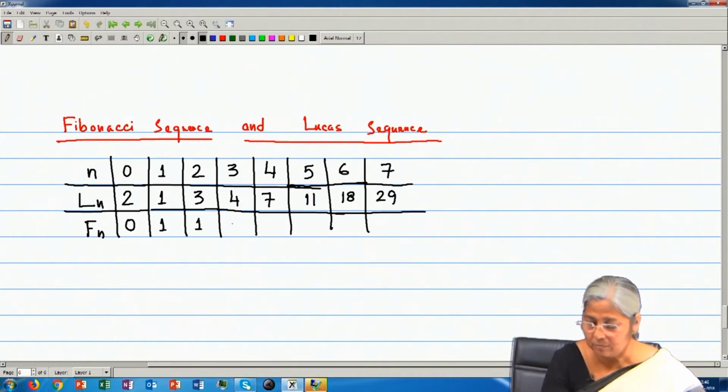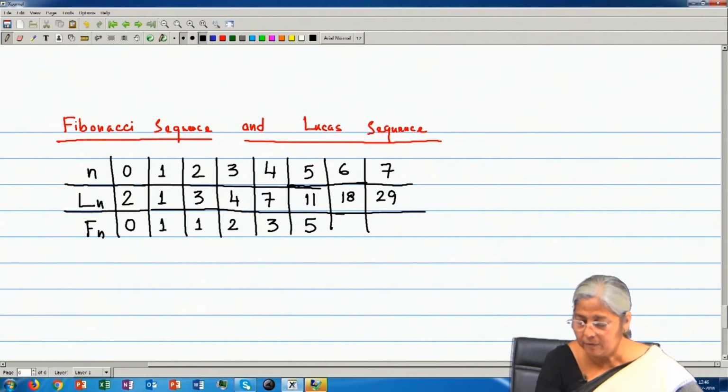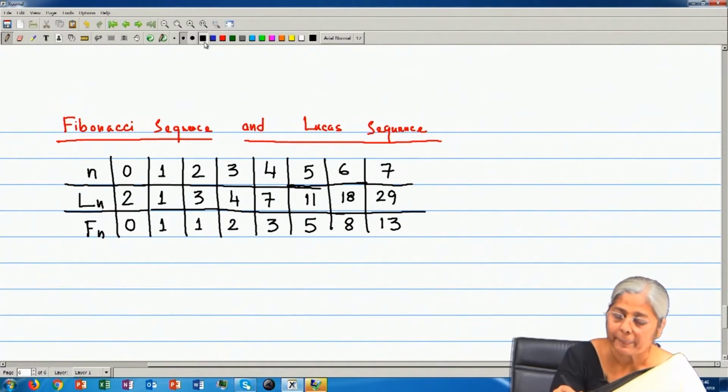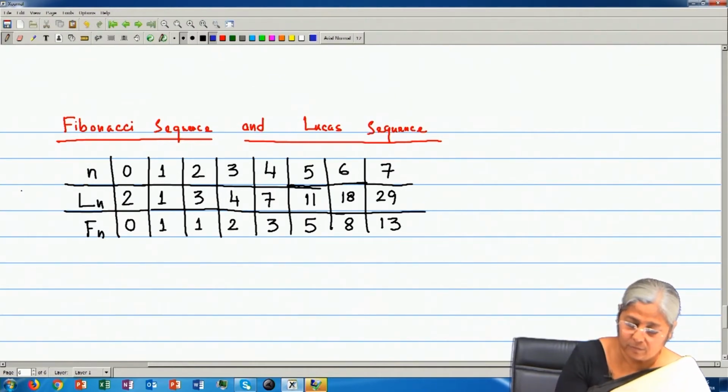So, it is 1, 1 plus 1 is 2, then 3, then 5, then 8, 13, like that. So, this is my Lucas number and this is my Fibonacci number.